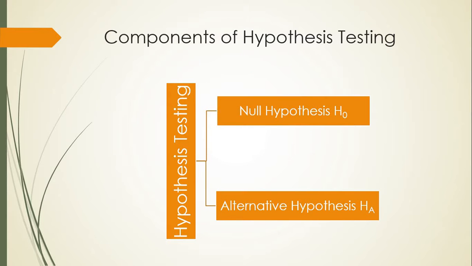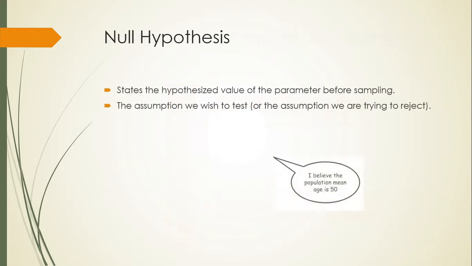So there are two components of hypothesis testing: the null hypothesis and the alternate hypothesis. What is the null hypothesis? It states the hypothesized value of the parameter before sampling, the assumption we wish to test, or the assumption we are trying to reject. So Tom believes that the population mean age is 50.